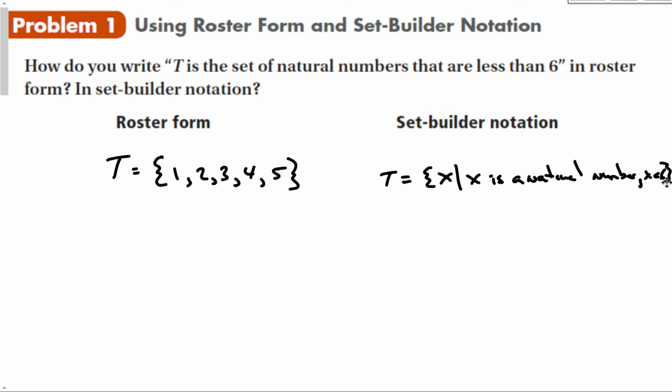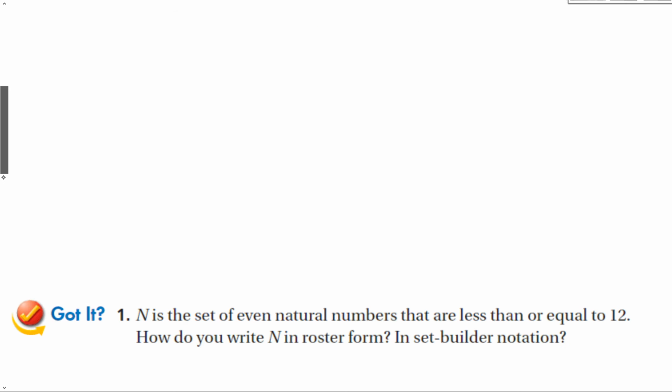I'm going to run out of room, maybe a little bit. So with the set builder notation here, I'm describing my variable x, such that x is a natural number, which describes a limit on the variable, comma, my other limit on the variable is x is less than 6. So in this case, I have two limits on my variable to describe what's going on.